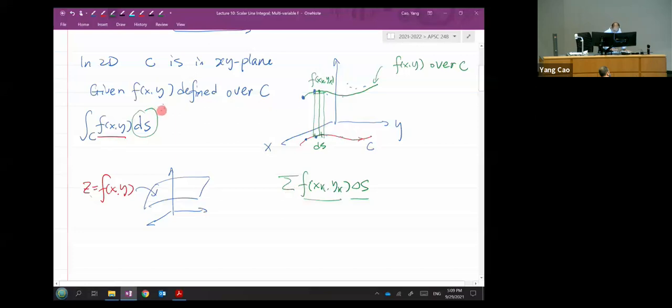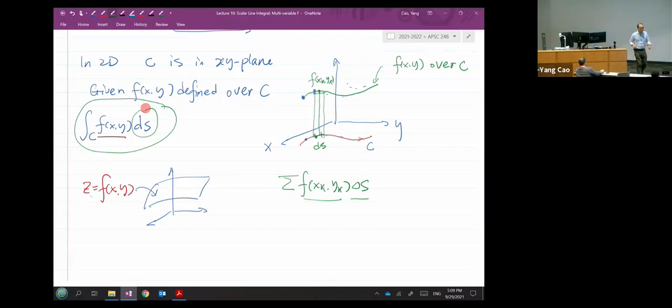So what do you think this actually gives us? A plane? No, it doesn't give you a plane, right? Individually, it gives you a little bit of area here.